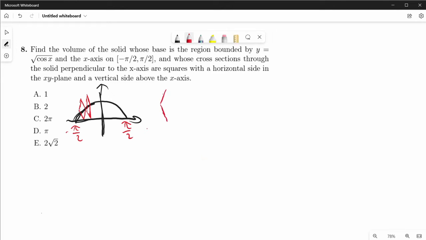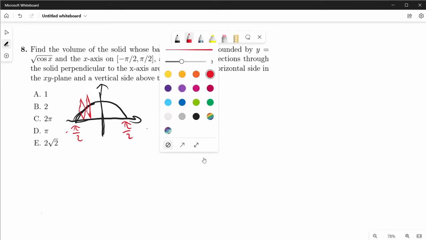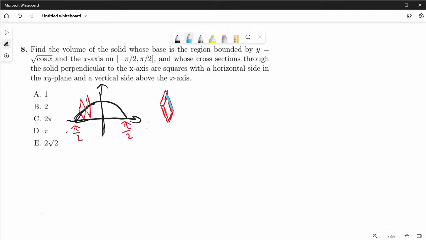With a really thin thickness dimension. We can label the two lengths that are not very thin as square root of cosine x, right?